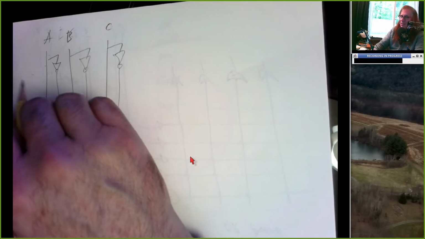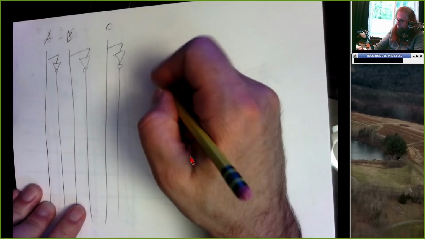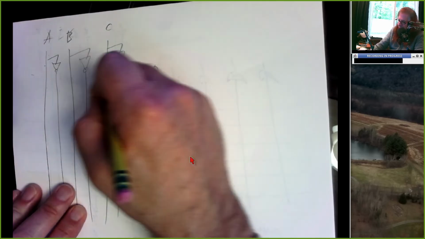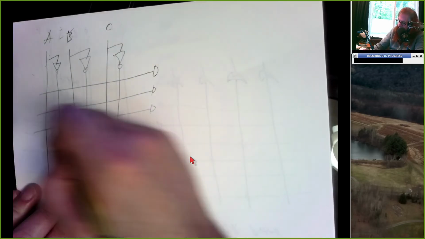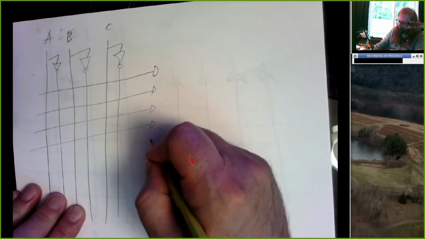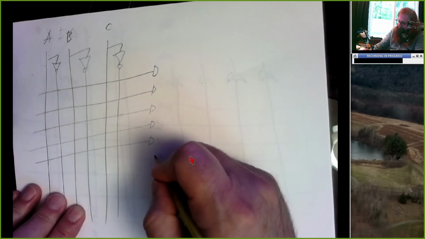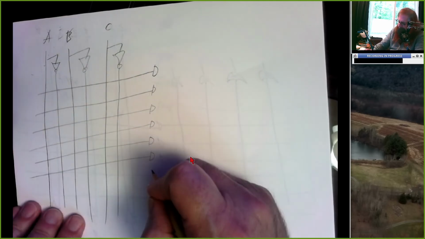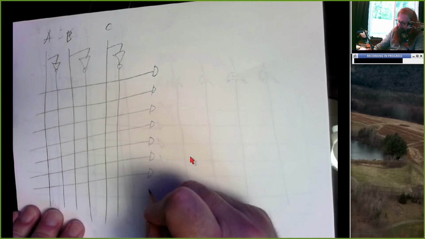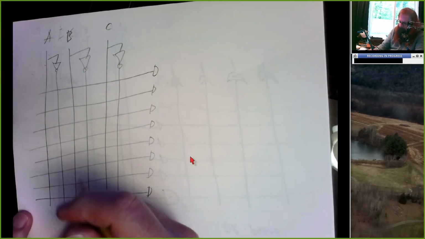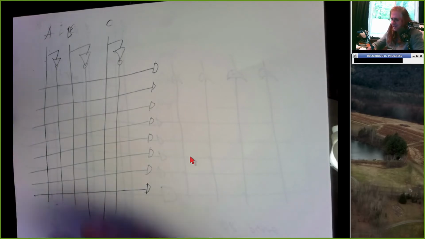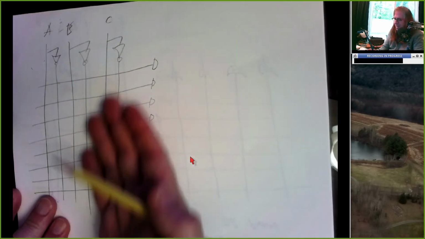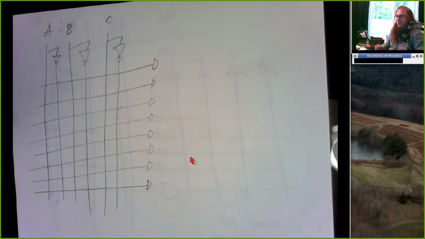Well, if we're not allowed to configure this AND plane, it better be set up for us in some sort of useful way. Because the person who made this chip doesn't know what we have in mind. And what if we want to generate a product term that doesn't happen to be available here? If we want to generate A, B, C bar and there doesn't happen to be a product term for that, we're done. We can't use this.